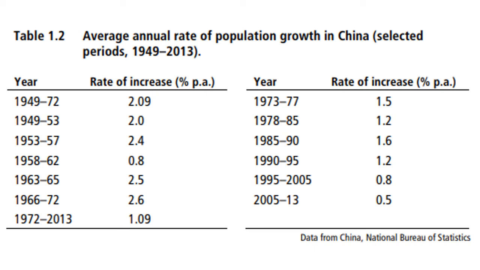It led to a catastrophic humanitarian and economic crisis, especially between 1960 and 1961, during which 30 to 45 million people died from starvation or associated diseases, the worst man-made disaster in human history.